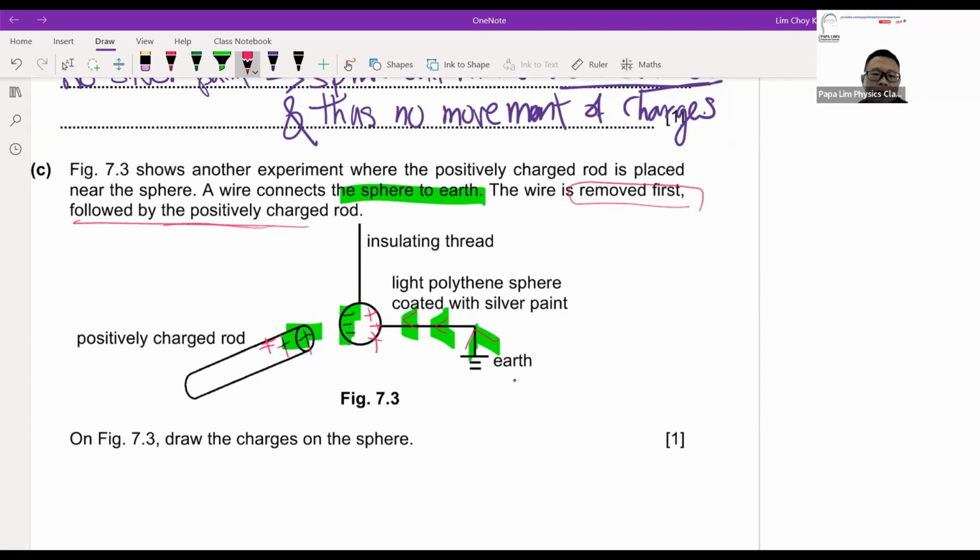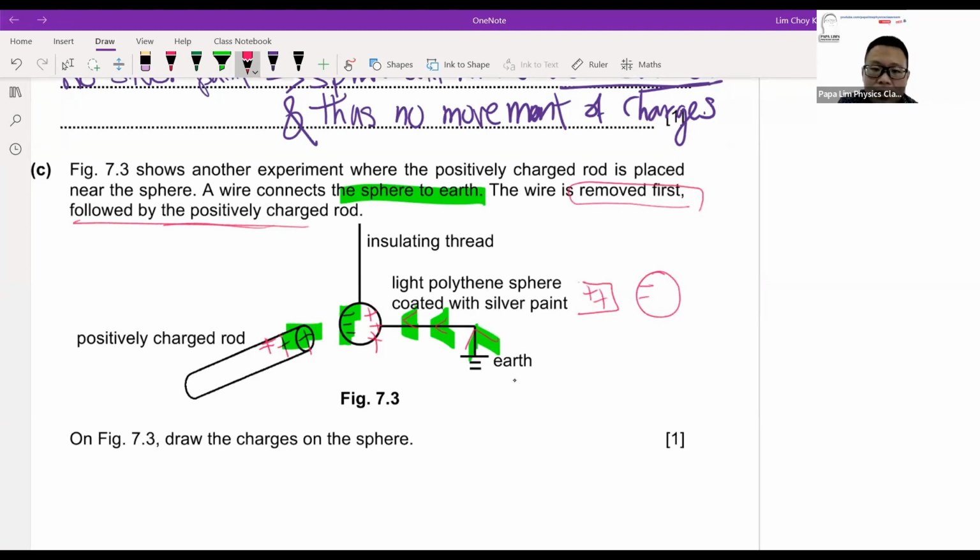So you earth it with a wire, touching the metal paint. So you are left with negative charge on the rod, and as a result, a negative charge on the sphere. When the sphere is still here, you'll find that the electron distribution is still on the left hand side, because why?